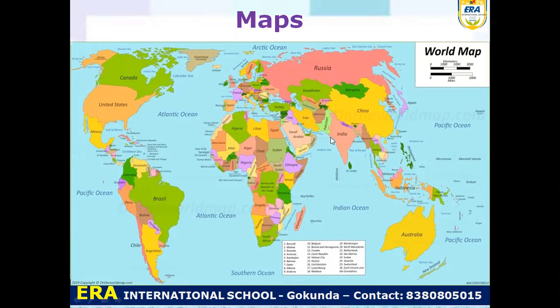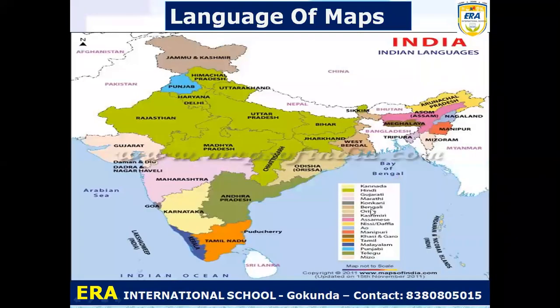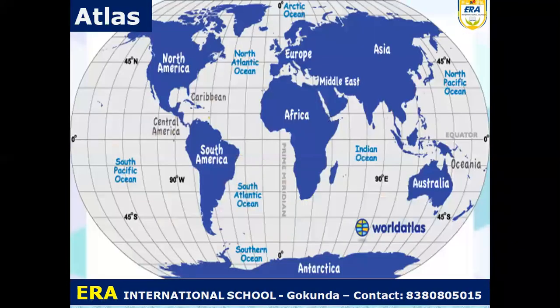Okay, and you know that while reading a map a particular code language is used, so that language we will study in this lesson. And atlas, it is flat and it can be useful to find out the different parts of the earth with total land as well as ocean as well as islands there.